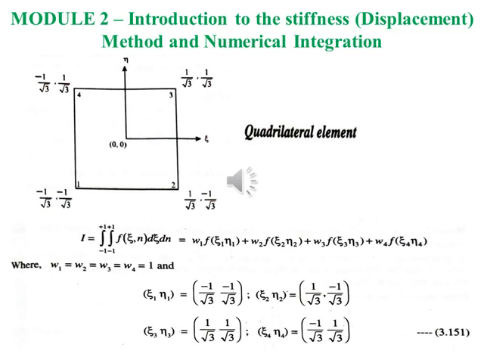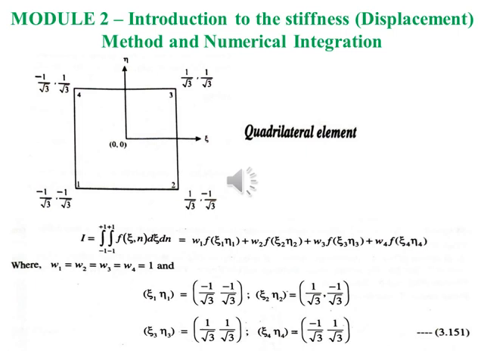Here you can observe the values will be -1 by root 3, -1 by root 3 for node 1. For node 2 it will be 1 by root 3 and -1 by root 3. For node 3 it will be 1 by root 3 and plus 1 by root 3. For node 4 it will be minus 1 by root 3 and 1 by root 3.